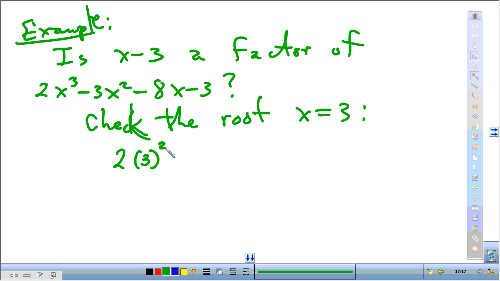So substituting x equal 3, so we've got 2 times 3 cubed minus 3 times 3 squared minus 8 times 3 minus 3 is equal to 0.